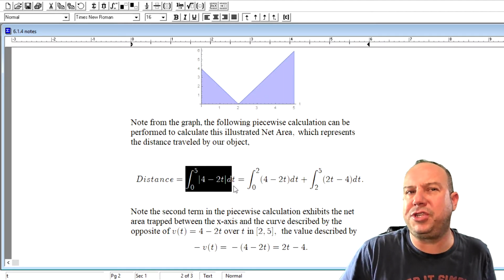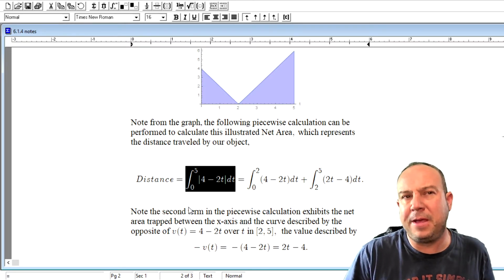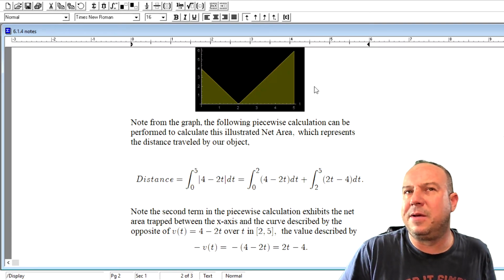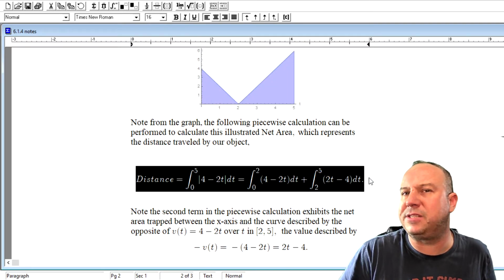I do approach it with the understanding that I'm calculating the absolute value of v at t, but to approach the absolute value calculation, I do want to sketch out its visual representation so that I can break this up and approach it piecewise.